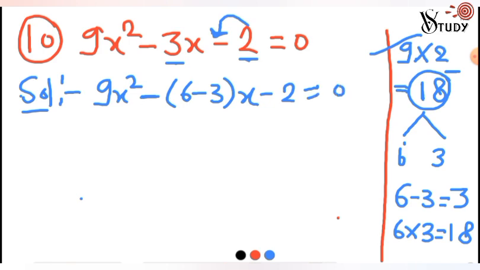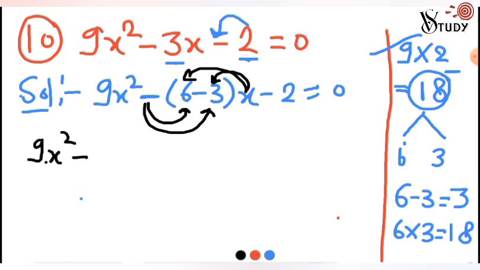Here first we are going to multiply this negative sign in the first term and in the second term, and this x in the first term and in the second term. So in the next term 9x square, 6 is positive. When positive is multiplied by negative, the answer will be negative.